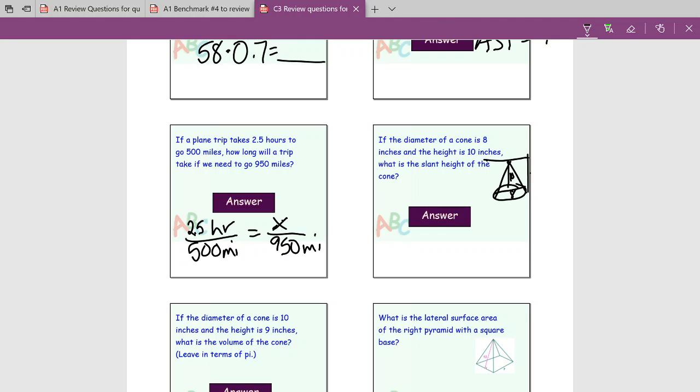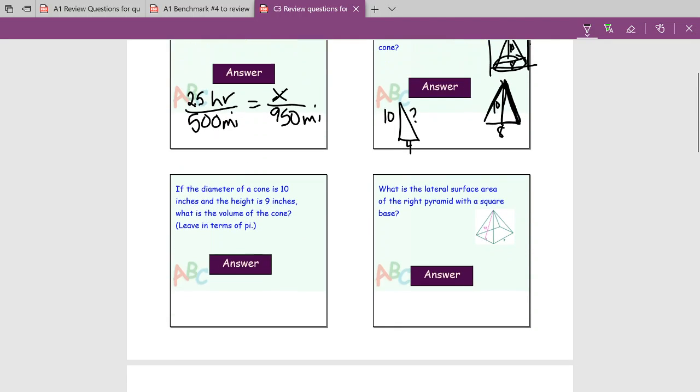So we're basically cutting it like this, which gives me a triangle with a height of 10 and a base of 8. Well, in order to find the slant height, which is down this side, I'm going to use half of this triangle, which is a right triangle, with the dimensions of 10, 4, half of the base, and something. You can use the Pythagorean theorem to solve this.